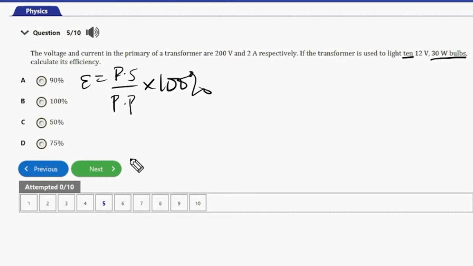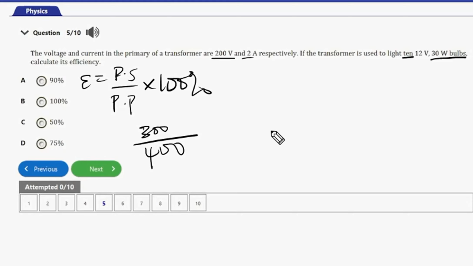So in that case, that's 10 times 30, and that's 300 watts over the power for the primary. So let's take note that we don't have any wattage here for the primary, but we know that power is voltage times the current, so that's 2 times 200, and that's 400.